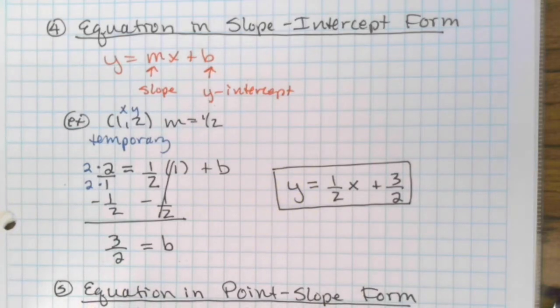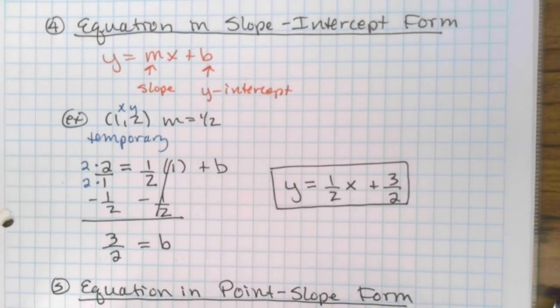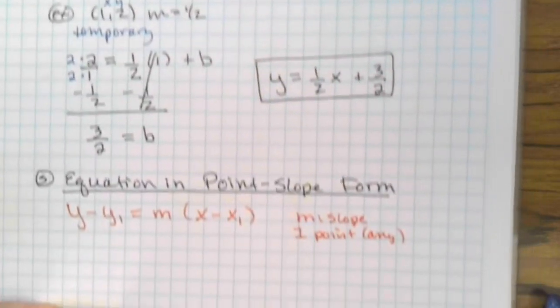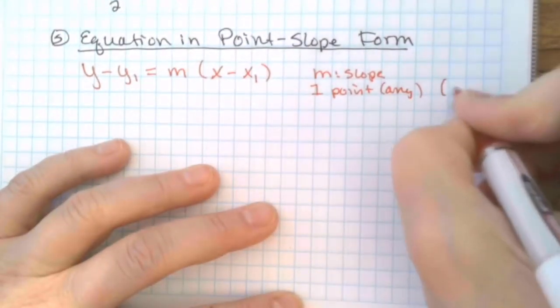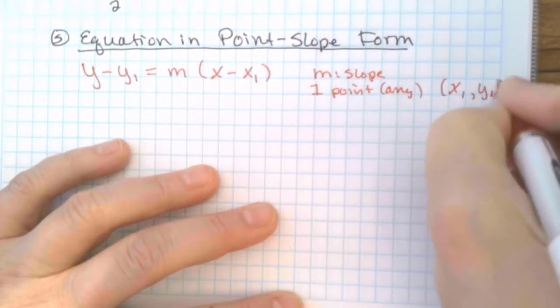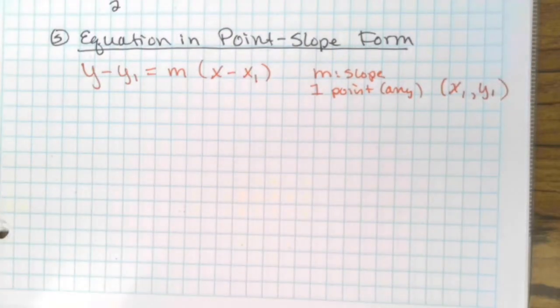And what you need for this form is you need m, which is the slope, and you need 1 point. And it can be any point that the graph passes through. And that 1 point we call x1, y1 in the equation.